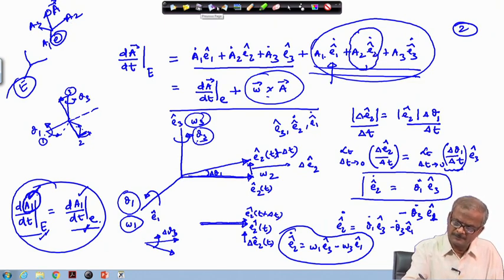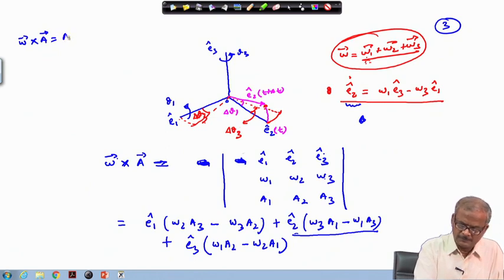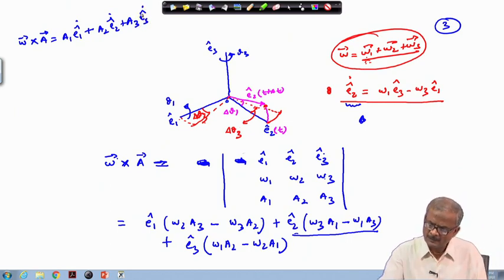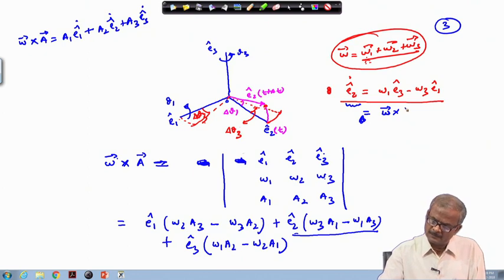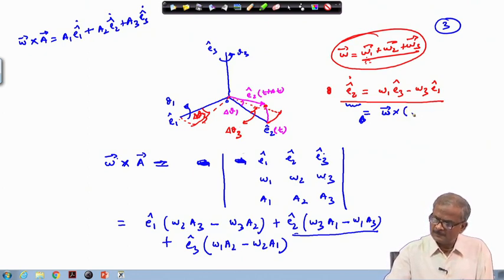Let me copy the whole thing here: A 1 times E 1 cap dot, plus A 2 times E 2 cap dot, plus A 3 times E 3 cap dot. If I write the same thing in the form of omega cross, we want to express it in a proper way.